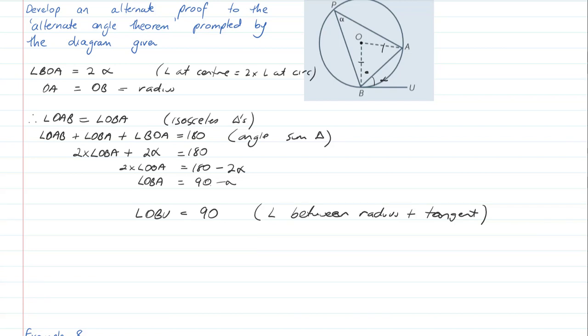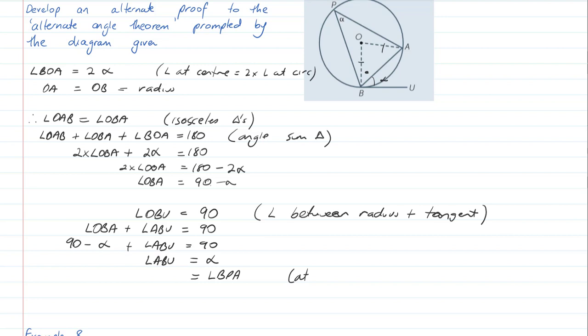And so OBU equals 90, which means that I'm going to make the statement now that angle OBA plus angle ABU is equal to 90, because that's OBU, split up into 2 parts, which means that 90 minus alpha plus angle ABU equals 90, which means that angle ABU equals alpha, and that's equal to angle BPA, and this is the alternate segment theorem.